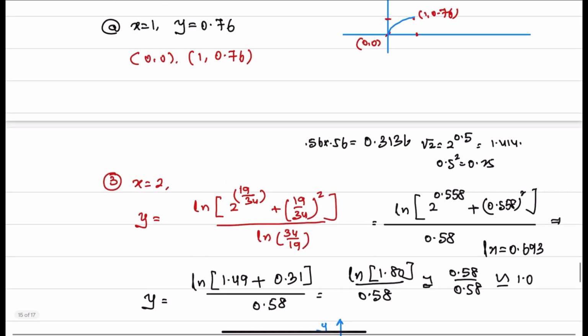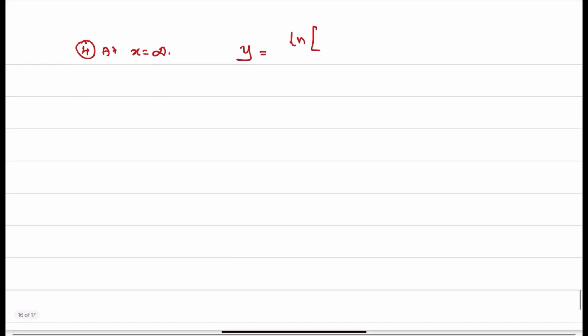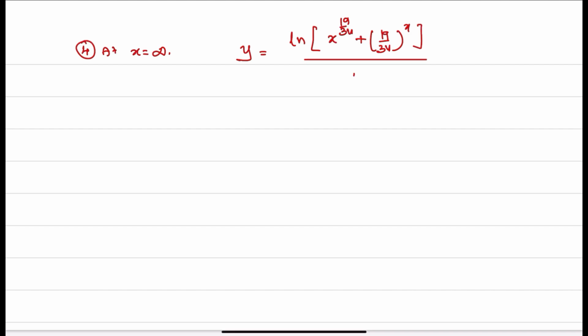Now we will go for x is equal to infinity, what happens? y is equal to ln of x to the power of 19 by 34 plus 19 by 34 to the power of x, whole divided by the denominator, which is a constant, ln 34 by 19.